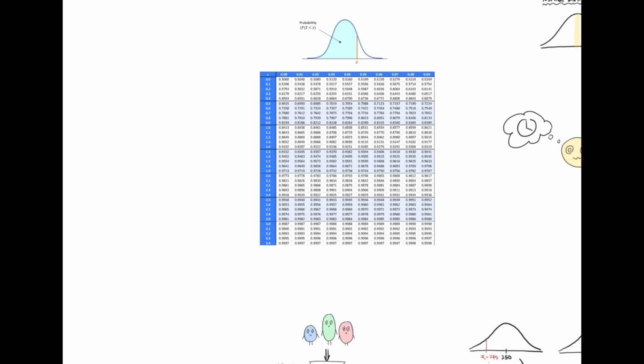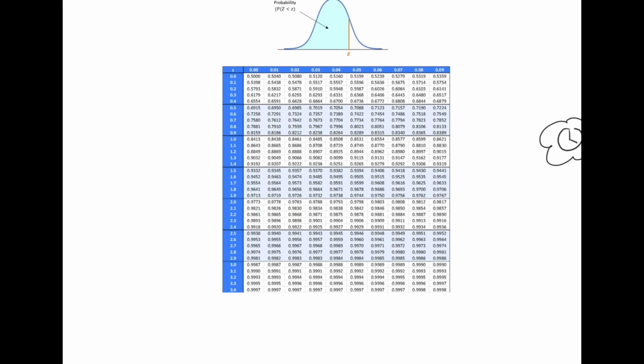For example, if we calculated our Z value to be maybe 0.74, all we need to do is go across from here, then go down, and we would find that our probability is here. Very quick and handy, right?